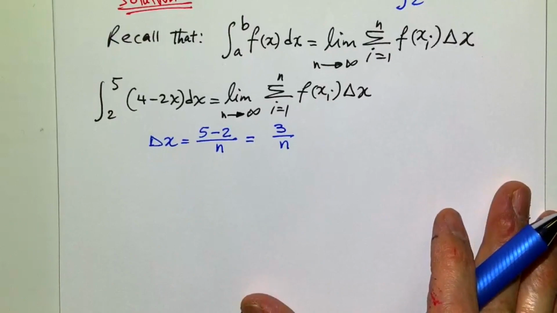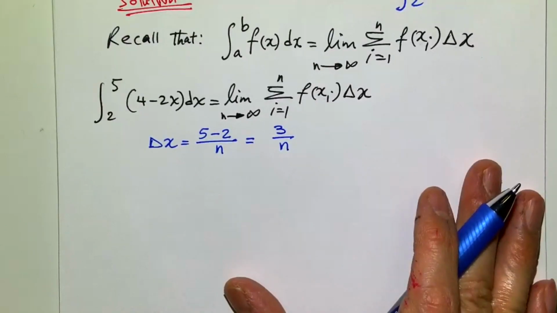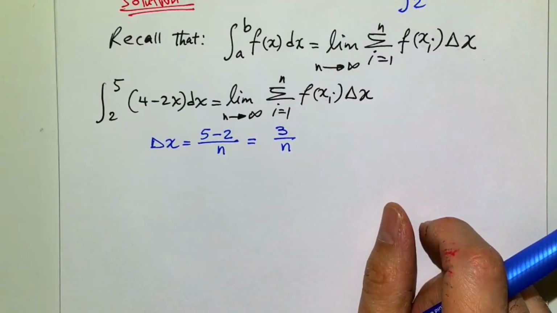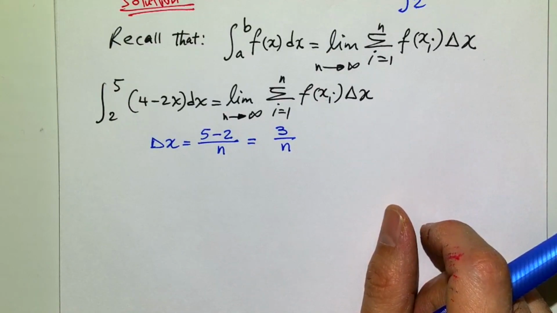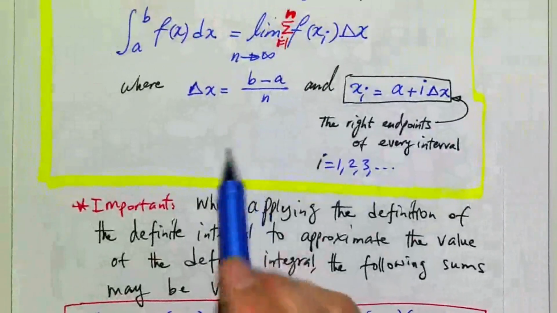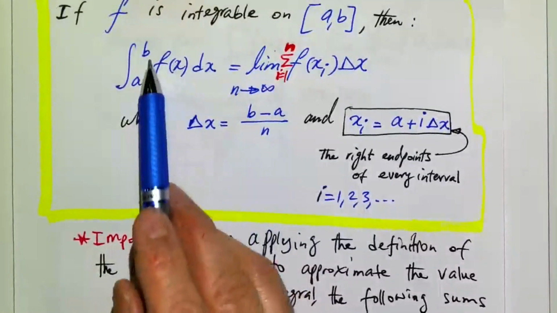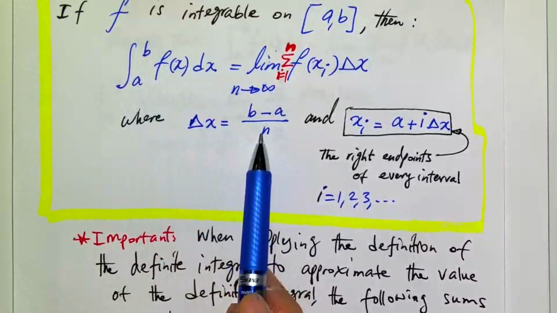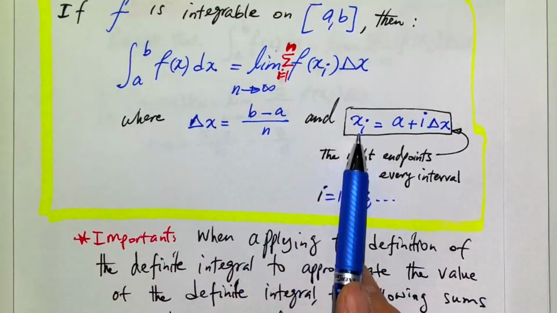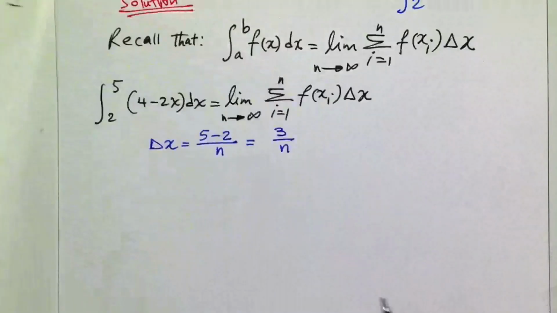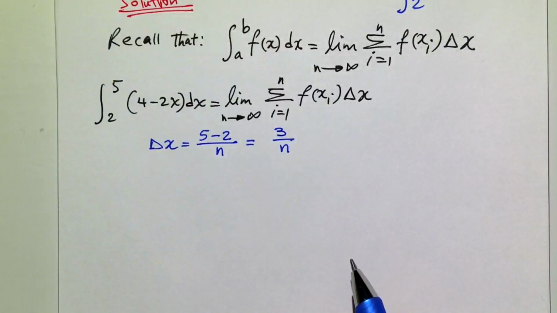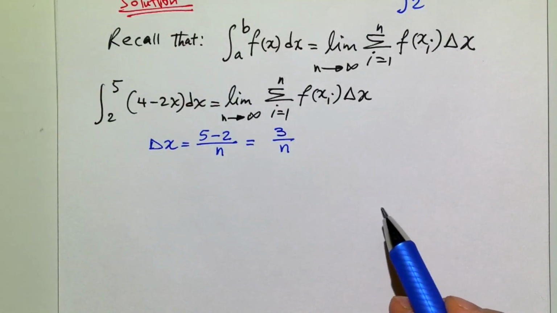And then xi, let me go back to that. Yes, so we defined xi. We defined delta x as the limits of the definite integral divided by n. That's what I just did. And xi's are these. So let me mention that too.